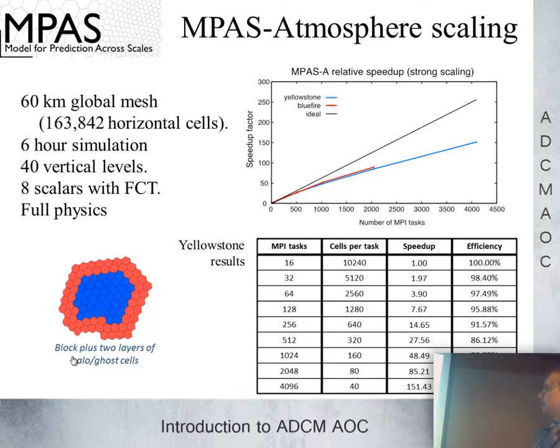And this just shows that the efficiency stays pretty high even when you have fewer cells per task, like in this case 640, you're still getting 90% efficiency. So it's designed to scale well, and it seems to be living up to that. We have the 3 kilometer runs I showed, they actually used, I think, 16,000 processors for those runs.